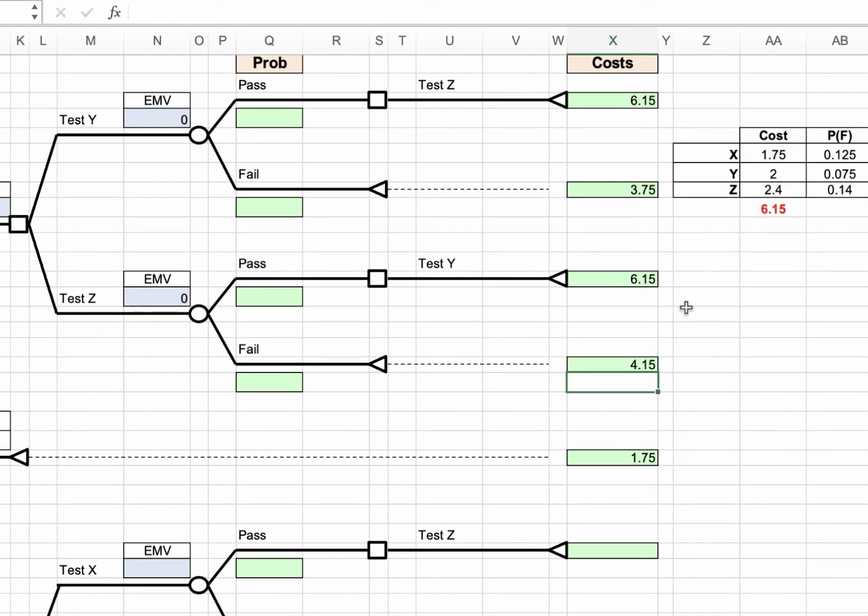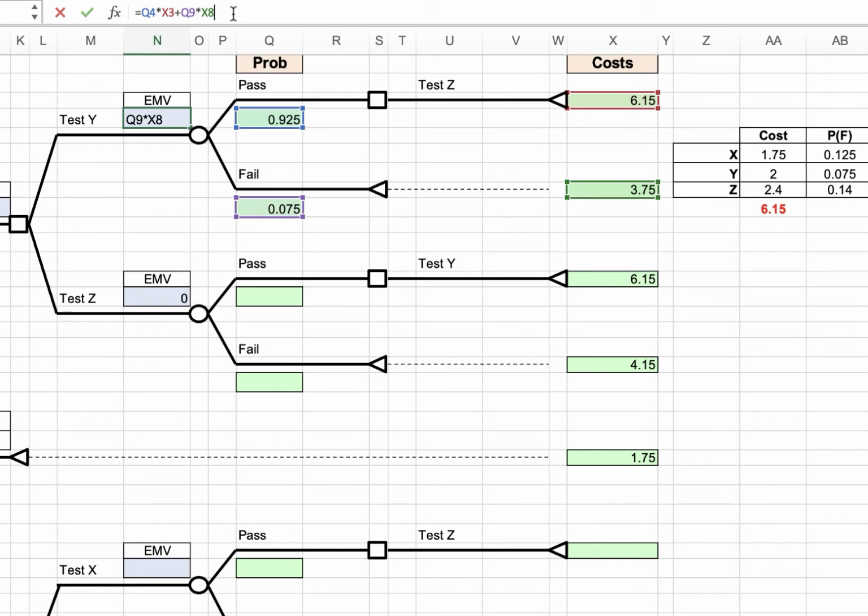Now we need to input our probabilities. The probability of failure of component Y is given at 0.075. And the probability of passing would simply be the complementary event, or equals 1 minus the probability of failure. And once we input our probabilities, our weighted average, or our EMV, for this sequence is calculated.